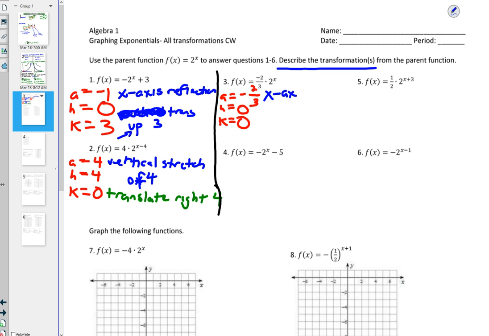How do you know that, Marquise? A is negative. Yep. Anything else? Very good. You can have a vertical compress of how much? Of 2/3. Good.